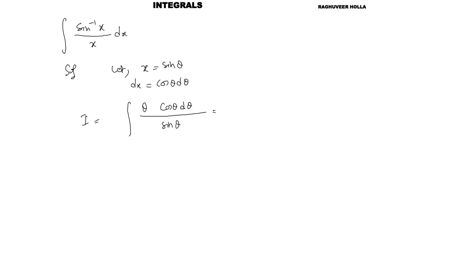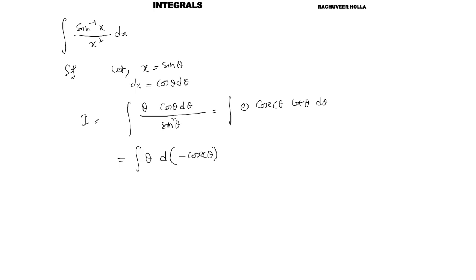Now I got this as integral theta cosec theta, and this is cot theta d theta. Now this is equal to integral theta d of minus cosec theta.